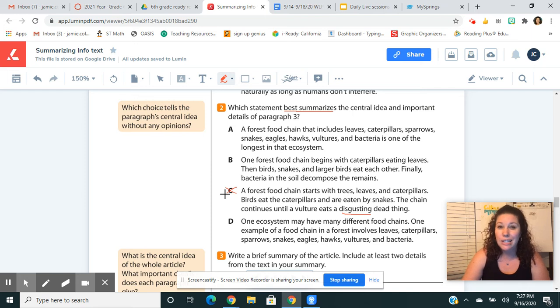So I don't think it's A, but I'm not positive because I don't remember it saying anything about the longest in the ecosystem. And then B says one forest food chain begins with caterpillars eating leaves, then birds, snakes, larger birds. Finally, bacteria in the soil decomposes the remains. I'm thinking that it's not A for sure. I'm going to cross that one out. It's probably going to be somewhere between B and D.